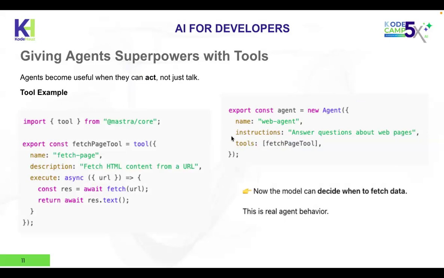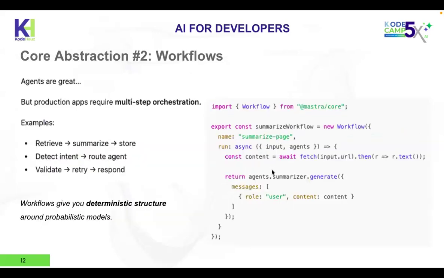So you basically use the tools and specify all the tool calls that you want to make available to this agent. It's as simple as that. And with that, the agent can decide what to do with that tool call. So this is quite simple. So that's the first abstraction, which is the agent.